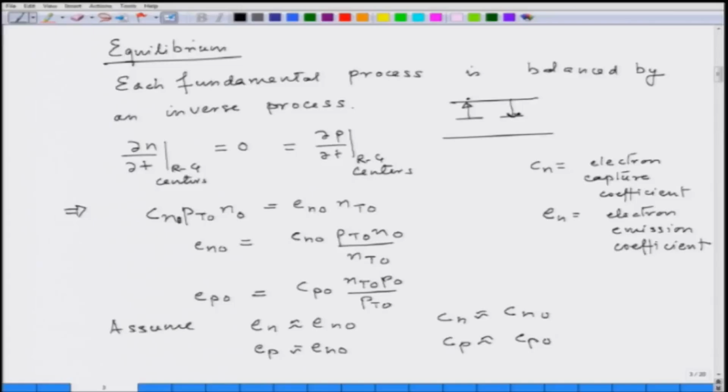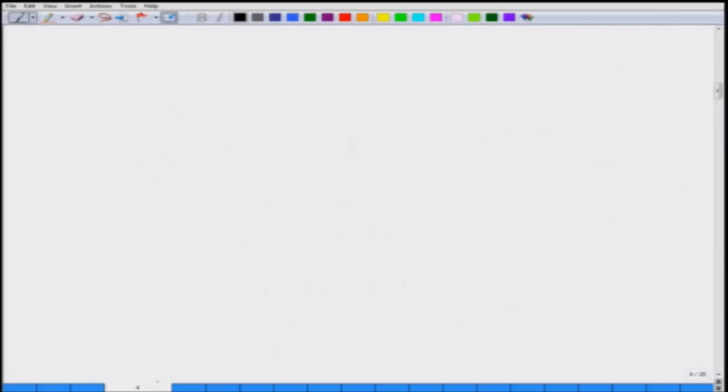With this simplification, I can write that E_n, the emission coefficient, which I say remains similar to the equilibrium coefficient, will be C_n times n_0 p_T0 over n_T0, and for holes the emission coefficient for RG statistics will be C_p times n_T0 p_0 over p_T0.